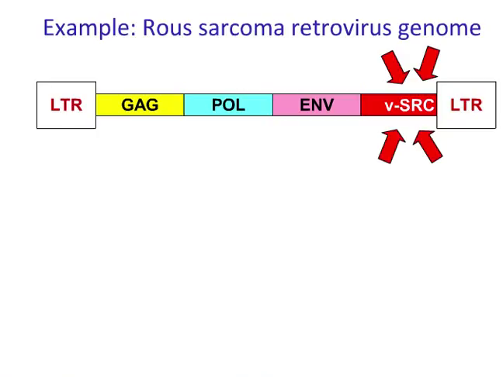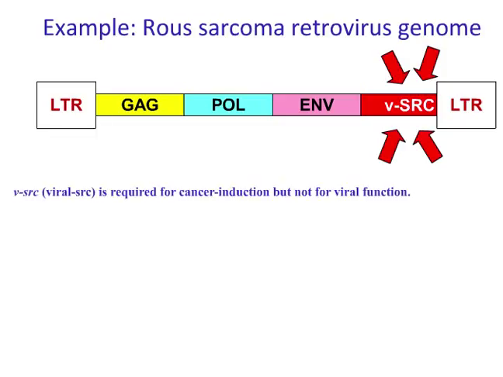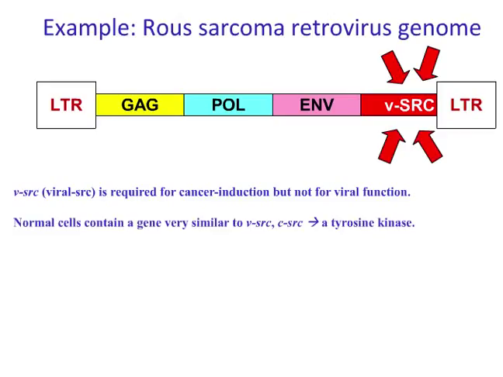For example, the Rous sarcoma retrovirus, which causes sarcomas in chickens, was found to contain extraviral DNA sequences which were termed V-sarc, for viral sarc. The V-sarc sequences were found to be required for transformation, but not for viral function.